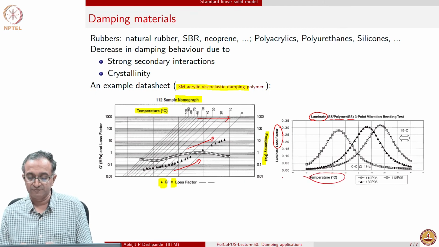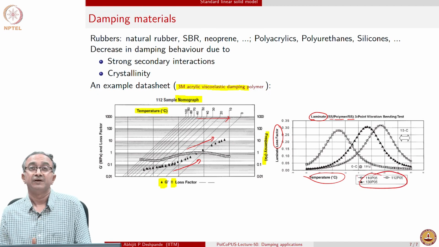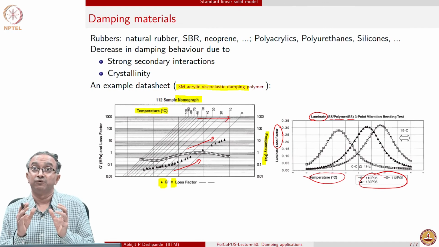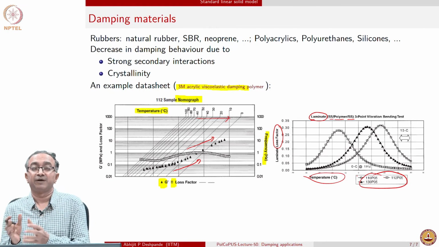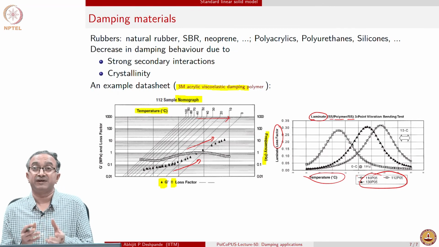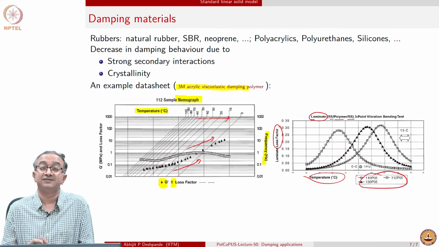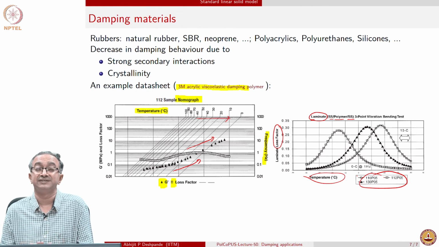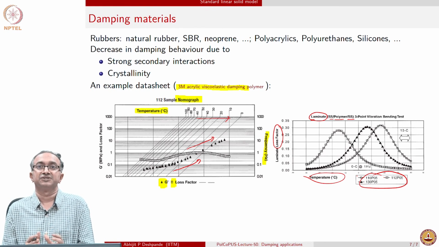And you can see that if you use 3 different types of acrylic materials, you get a maximum in loss at different conditions. So, if you want to design a particular polymer for a given application, you can look at this loss factor and see where it is maximum, at which frequencies and which temperature, and then choose a material appropriately so that it maximizes the energy dissipation in the given frequency range and in the given temperature range of interest.